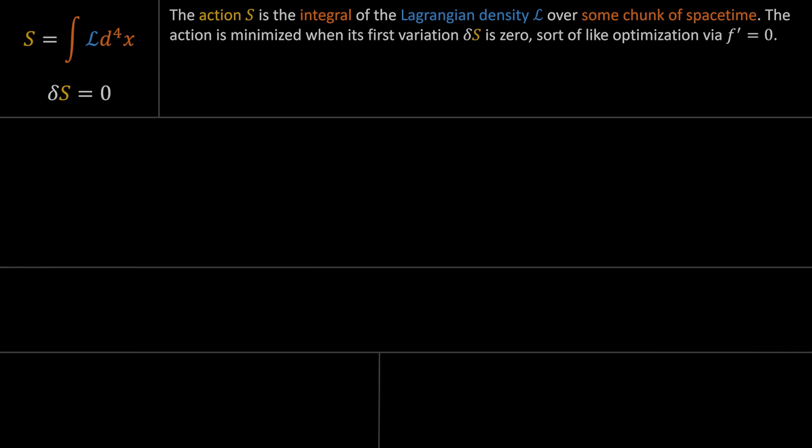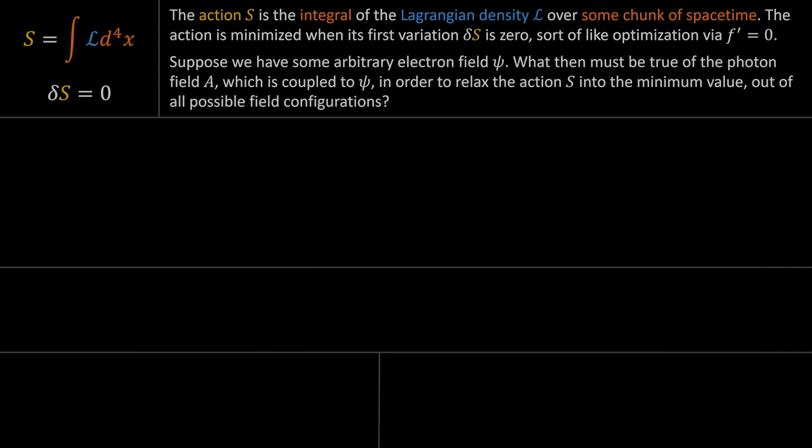The action is minimized when any arbitrary infinitesimal nudge on the photon field has a vanishingly small effect on the action. So now suppose we have some arbitrary electron field psi. We want to know what must be true of the photon field A, which is coupled to psi, in order to relax the action S into its minimum value out of all possible field configurations. What must be true about A in order for the principle of least action to be satisfied?